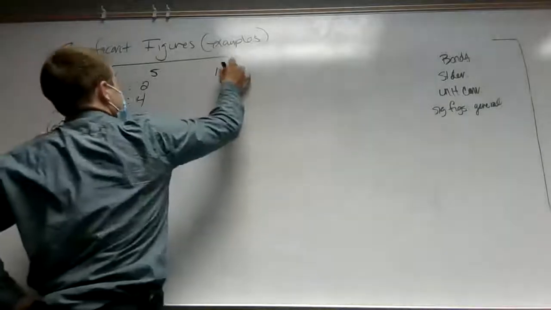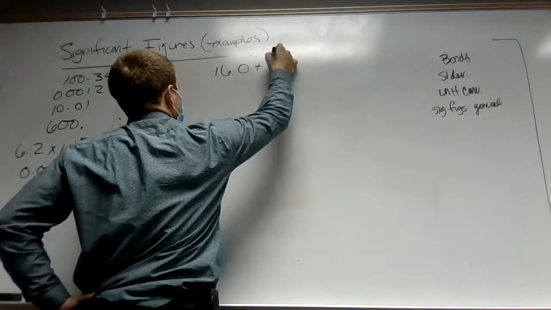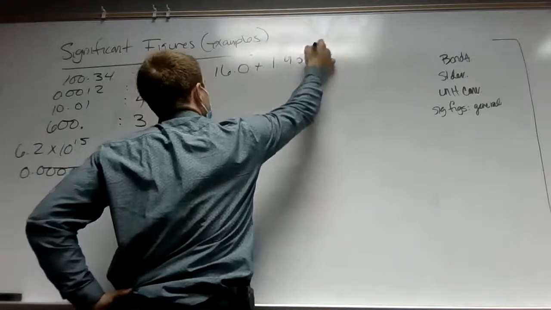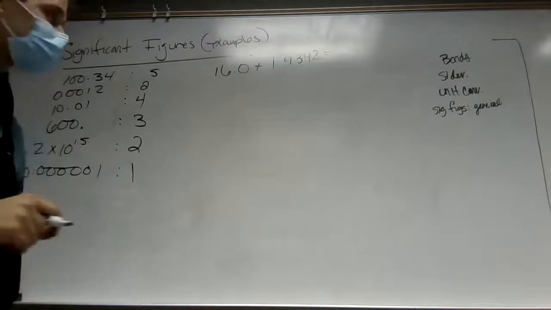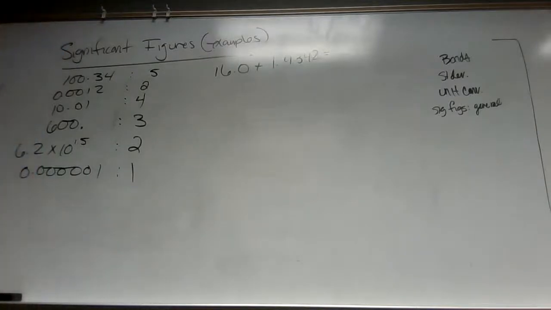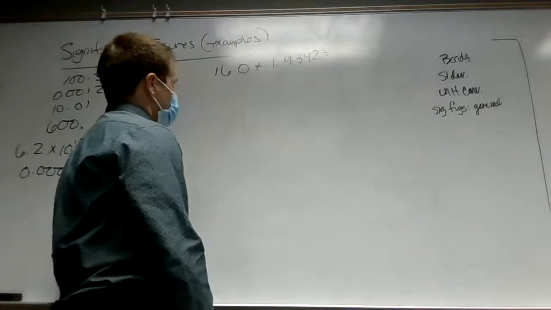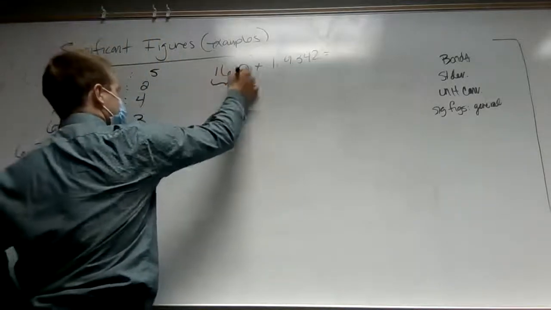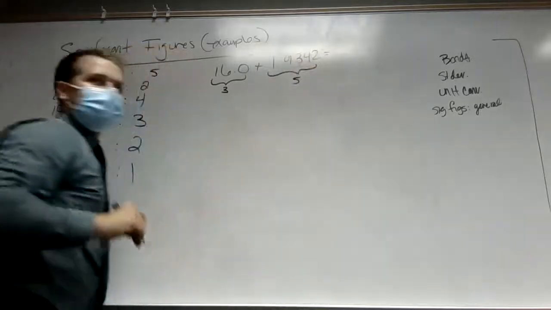What if I take 16.0 plus 1.9342? What am I going to get my answer at? Great. I've got 3 sig figs here, and I've got 5 sig figs here.